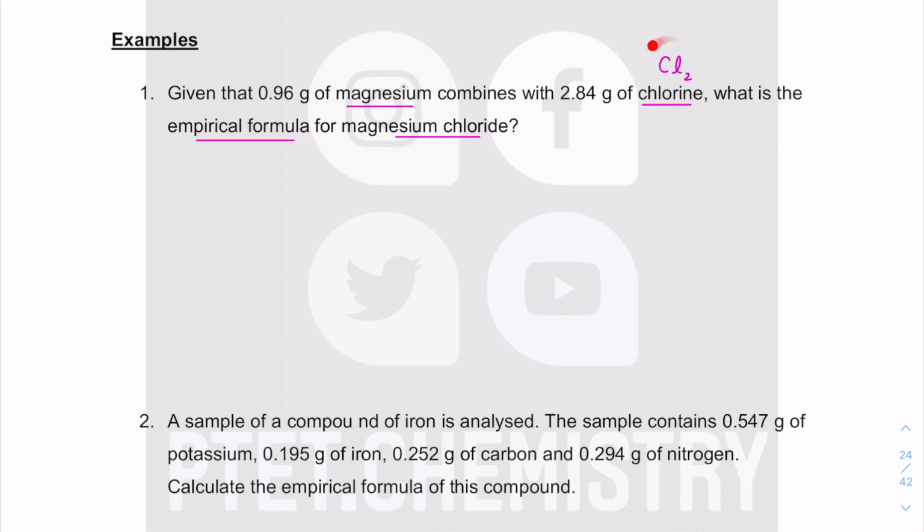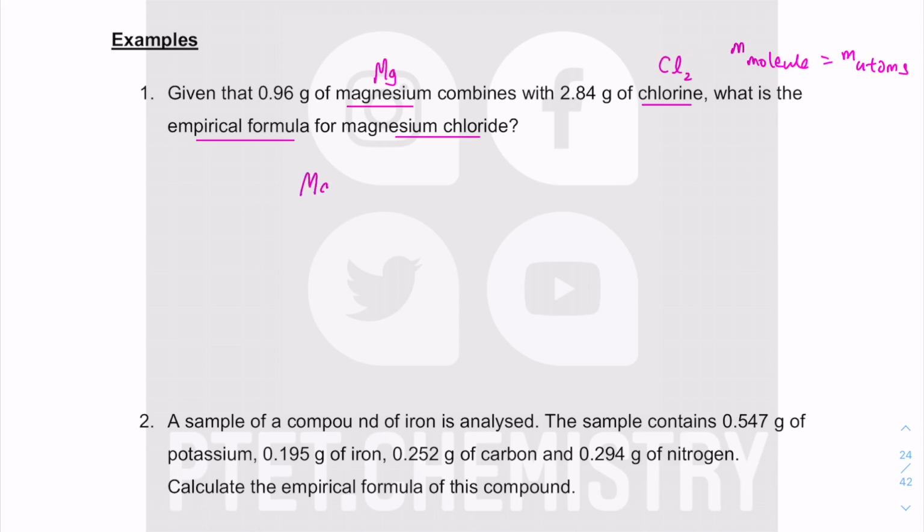So even though this is for the Cl2 molecule, which is how it exists, and magnesium exists as just Mg, giant metallic structure, when you have this much mass of the molecule, then the mass of the molecule is exactly the same as the mass of the atoms, because the atoms come from the molecule itself. So the mass itself never changes, right? Just because it's made out of 2 atoms, the sum of the mass of each of these atoms adds up to the mass of the molecule. So I'll be working with masses.